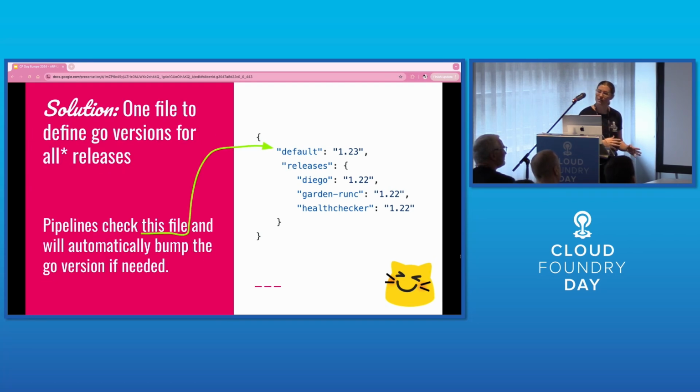Pipelines check this file and will automatically bump the Go minor version if needed. By default, each release uses the default Go version listed at the top, or you can override it if there's an issue while you're trying to update or something. Looks like Diego might have needed some human intervention when upgrading to 123 this year. So now we know we're done when there's no overrides in this file, everything is using the default, and we no longer forget any of our releases.